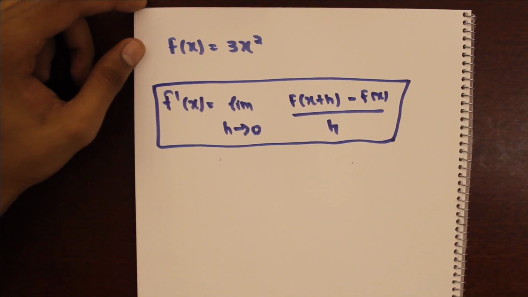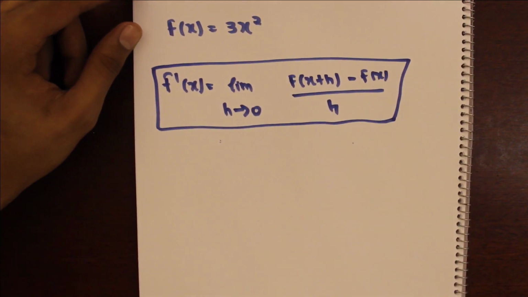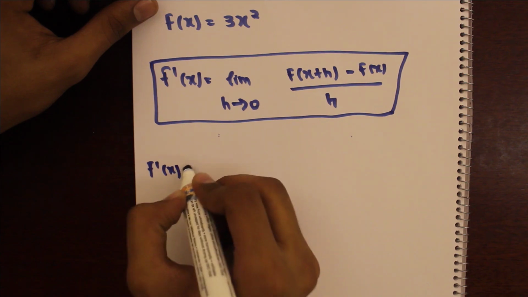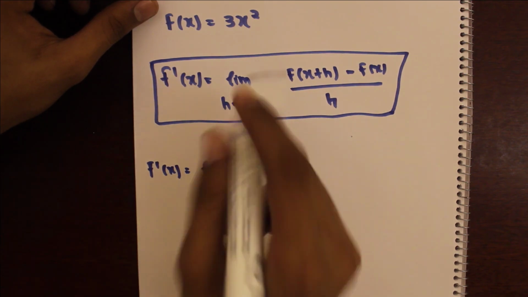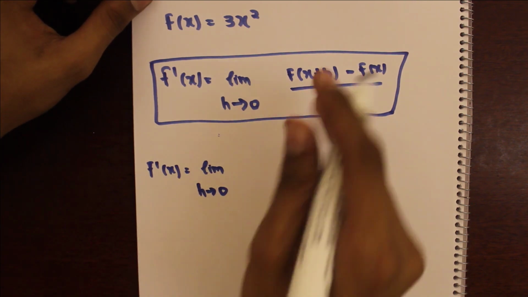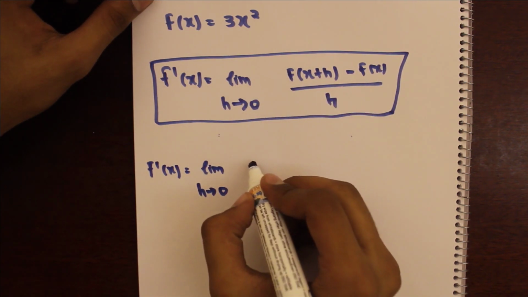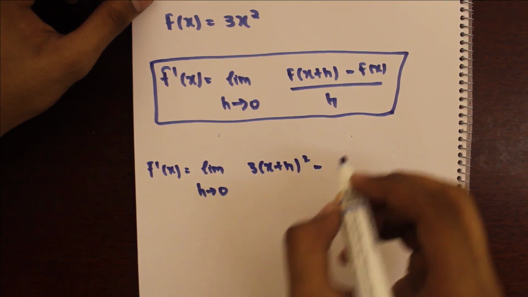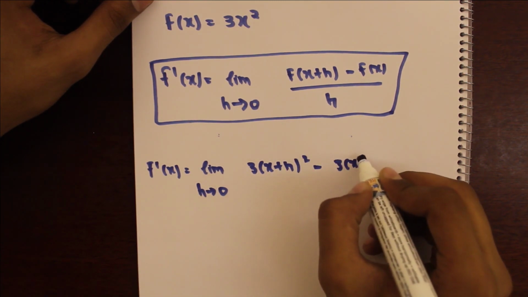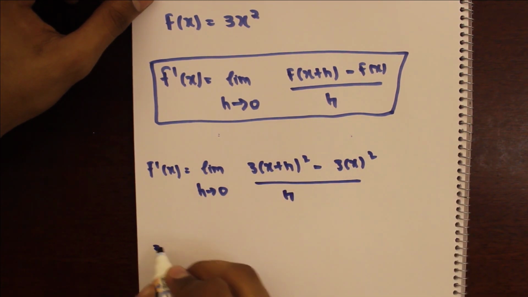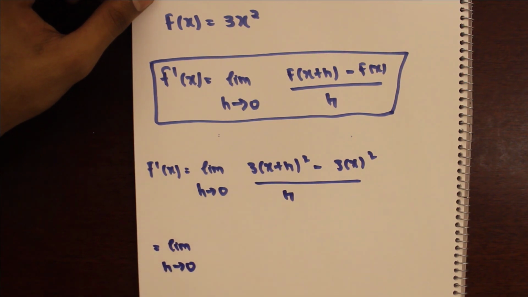Okay, this is our formula. So moving on, f prime of x is equal to the limit. Don't forget to write the limit. Writing the limit is so important and essential. F of x plus h, meaning 3(x plus h) squared minus 3x squared over h, as h approaches 0.